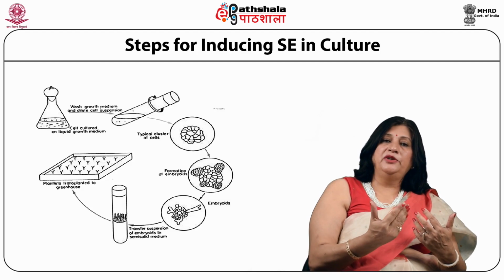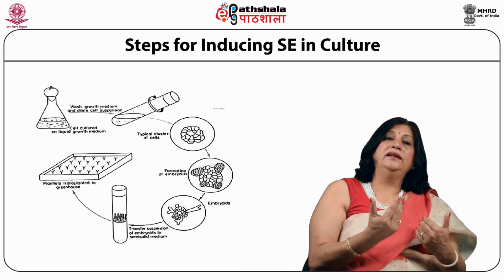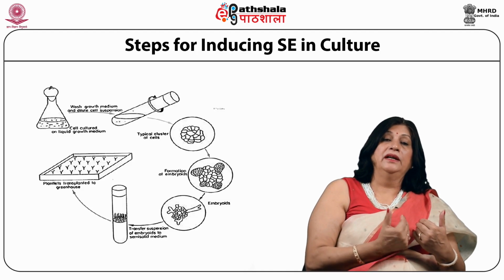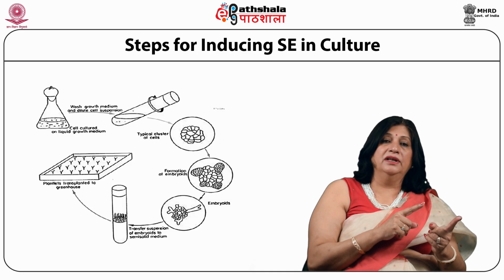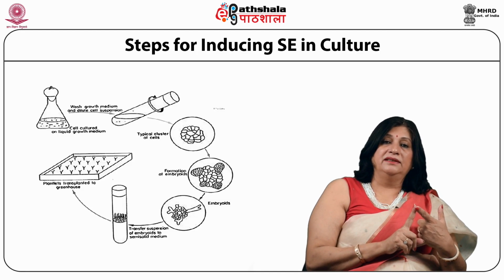Now, there are two stages. One is that of embryo induction and the second one is further growth of the embryo and its maturation. Now, both have different sets of requirements. That's what we explained to you earlier. First set is where you require a large number of cells, which is auxin containing media for callus proliferation.